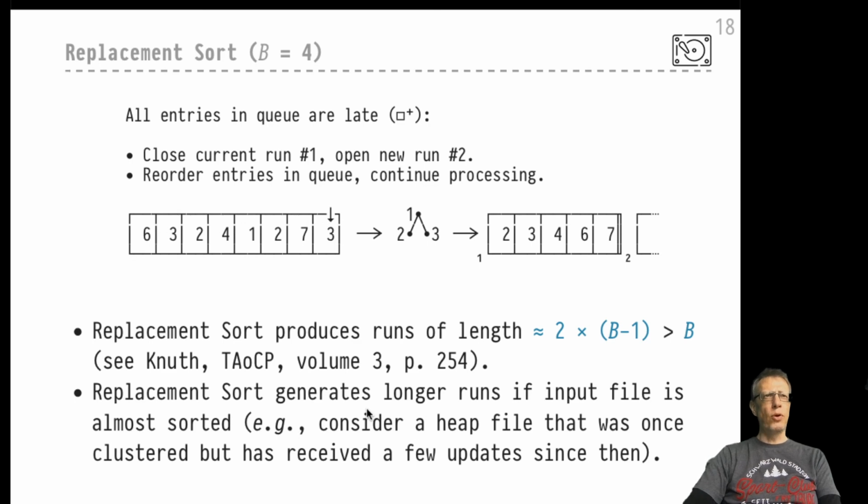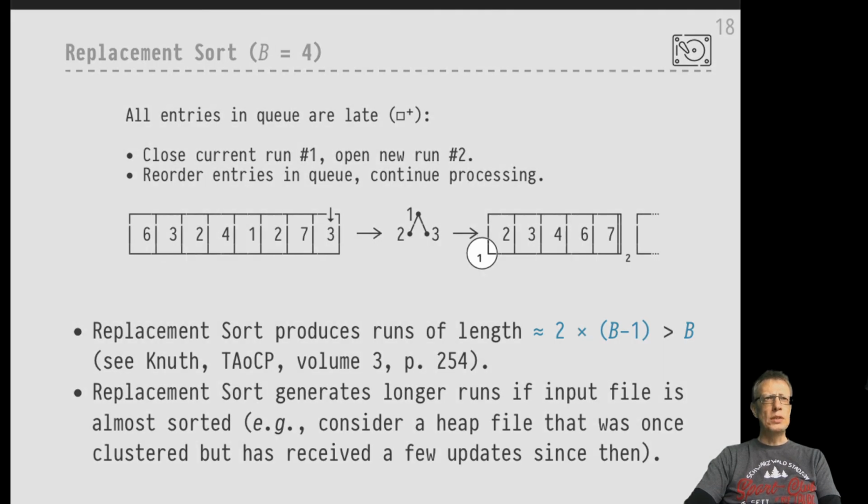At this particular point, it's time to close the current sorted output run. The sorted output run number 1 is finished now. We will close the file, okay, and have now created this particular sorted run.